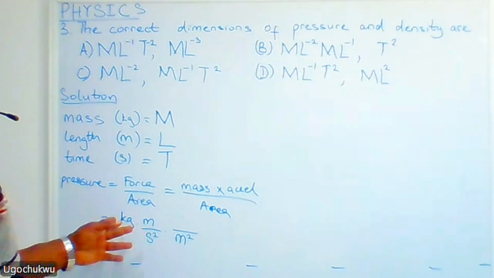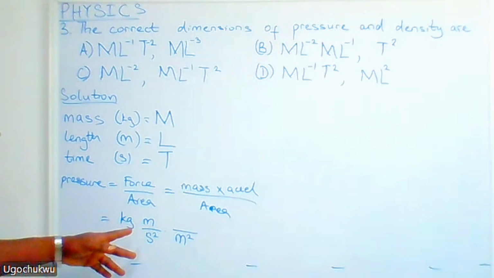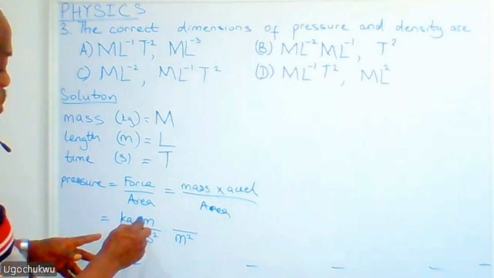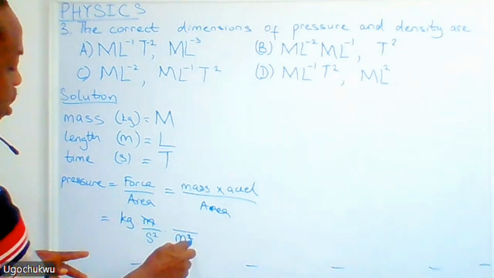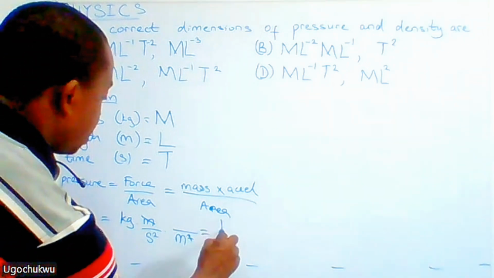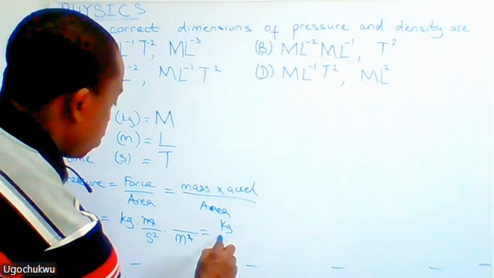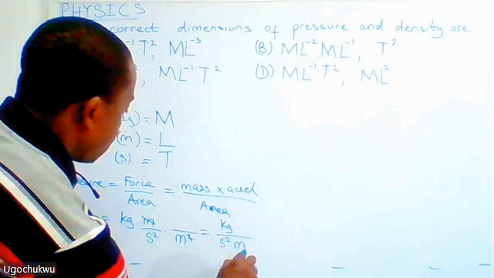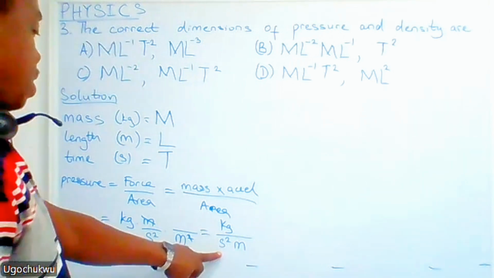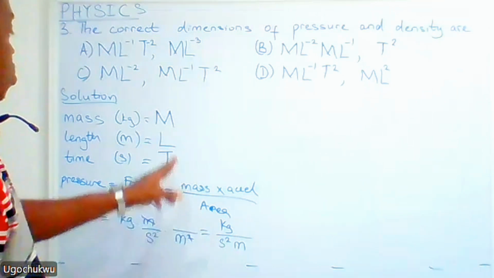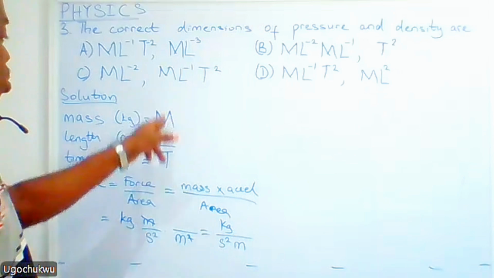So let's evaluate, like we're doing arithmetic. This m here, we can take out one m, so we'll be left with kg all over s squared m.